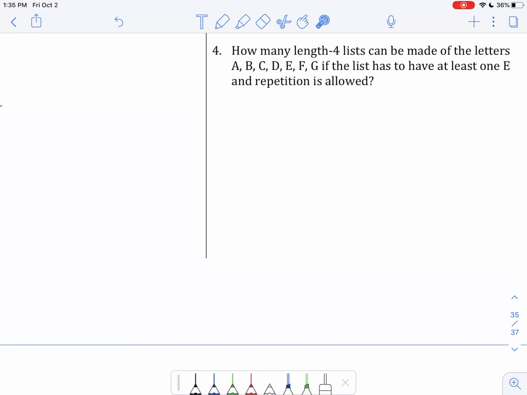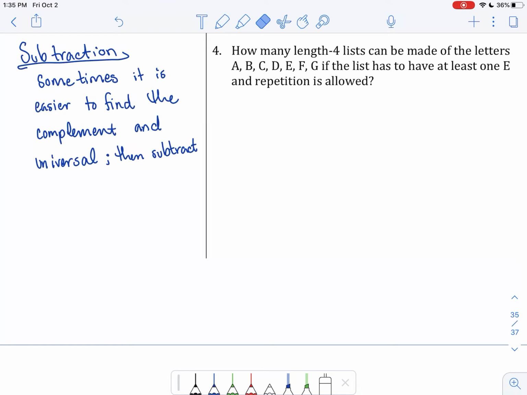So what we would do here is we could do the subset where E is first, E is second, E is third, E is fourth, where there's 2 E's, where there's 3. There'd be so many different subsets that it would take a really long time. So in this case, I'm going to use the subtraction principle.